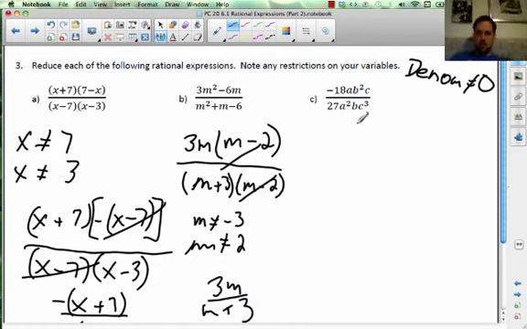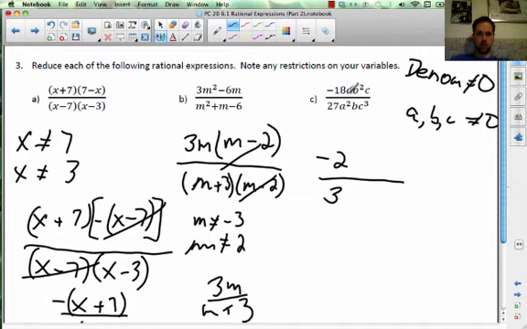Here, if the denominator can't be 0, then a, b, c, all of these things cannot be 0, because if even one of them is, then your denominator is 0. Negative 18 and 27, and 9 will come out of both of those and leave you with a negative 2 on top and a 3 on the bottom.